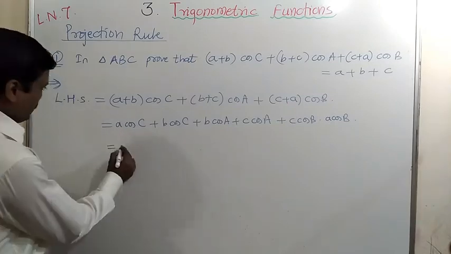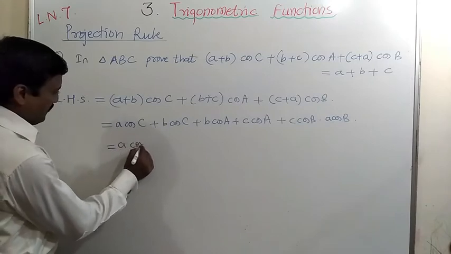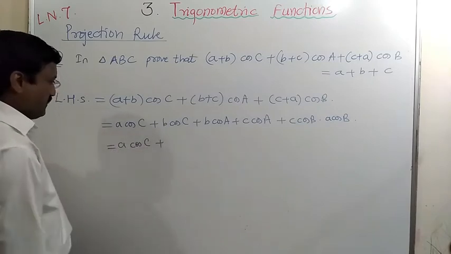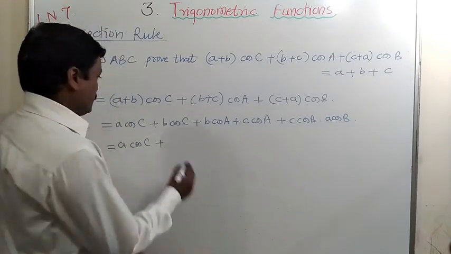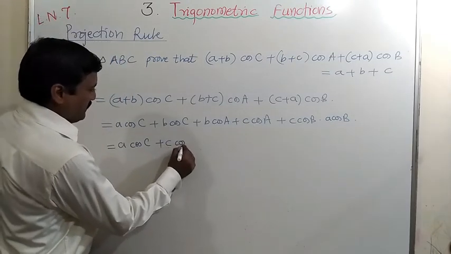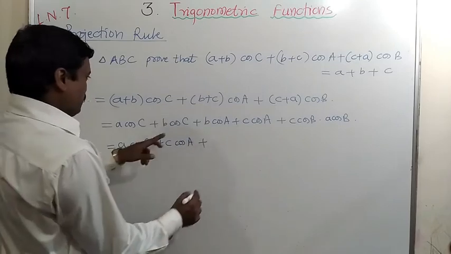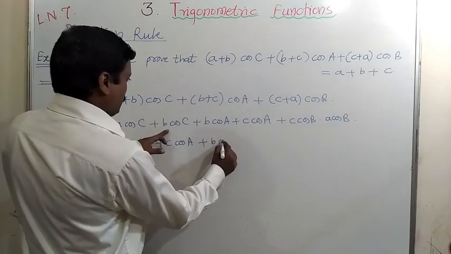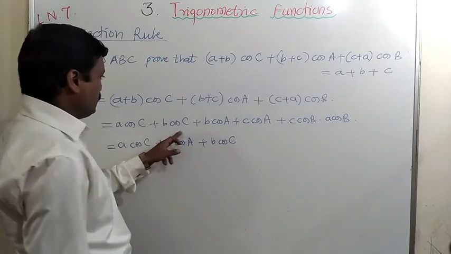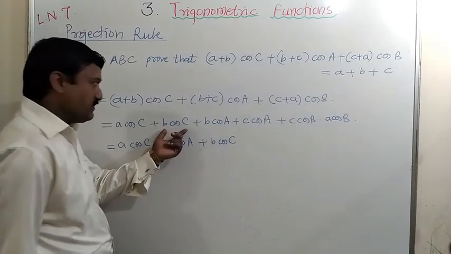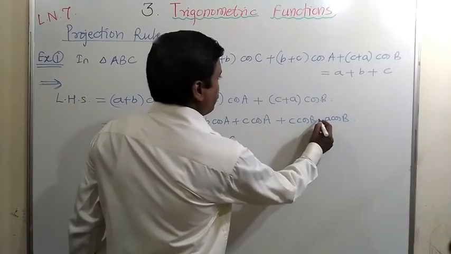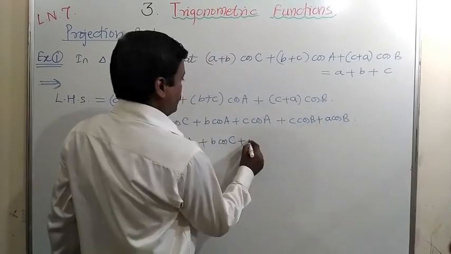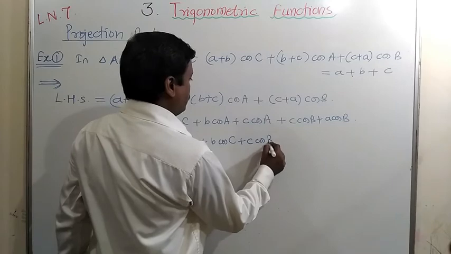Here a cos c is given, a cos c. Now find c cos a. Where is c cos a? Here. So we get c cos a as second. Now third term is this, that is b cos c. Now here is b cos c, so find c cos b. Where is c cos b? Here is c cos b, plus c cos b.